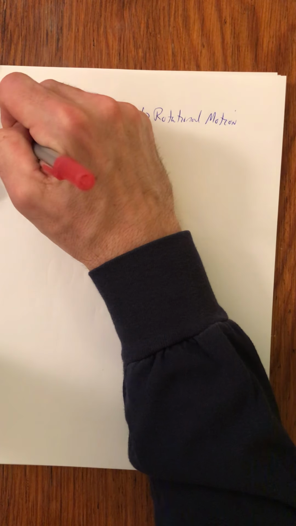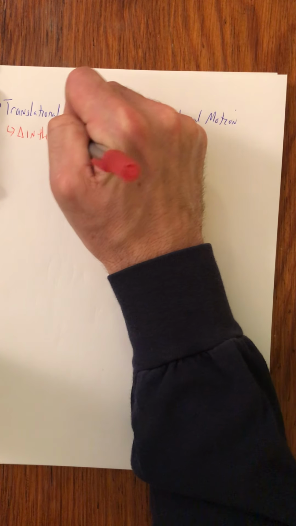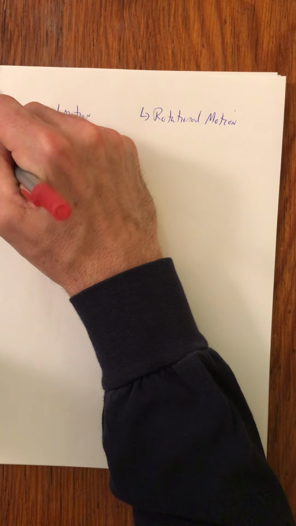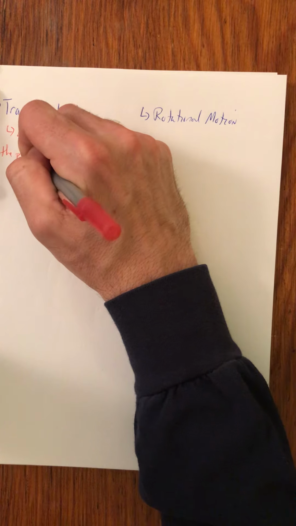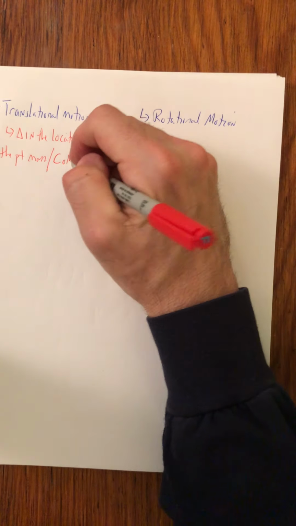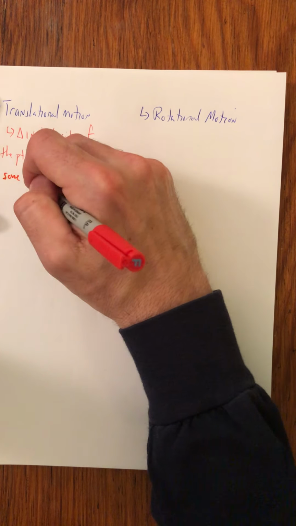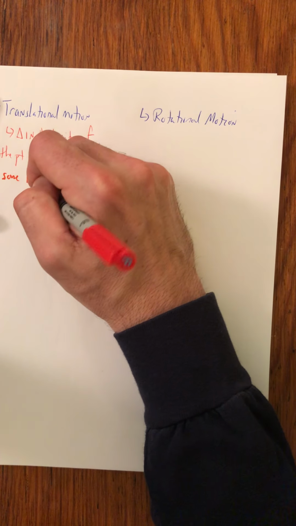So this is a change in the location of the point mass, or center of mass if we're talking about an extended body. Change in the location of the center of mass with respect to some frame of reference.